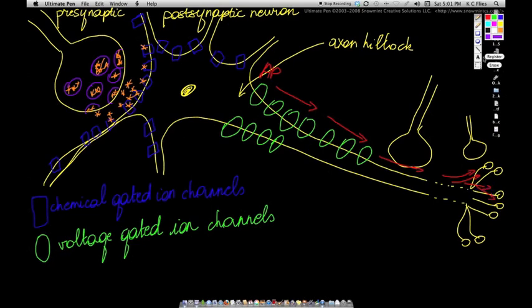On the other hand, we have graded potentials occurring in response to the binding of neurotransmitters to the chemically gated channels. These can eventually reach the axon hillock and possibly trigger the firing of an action potential. Let's take a look at all of this.